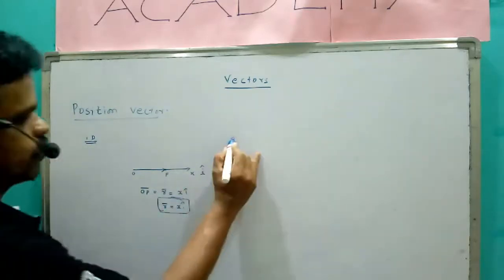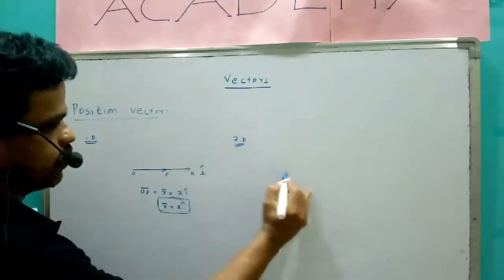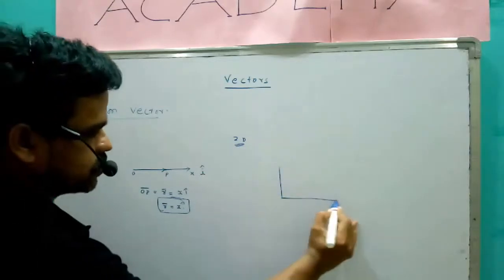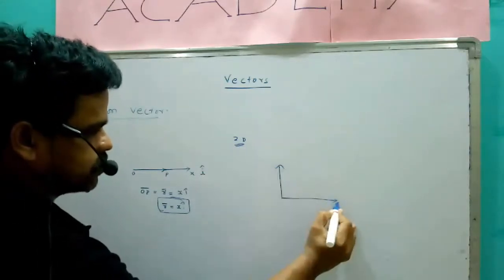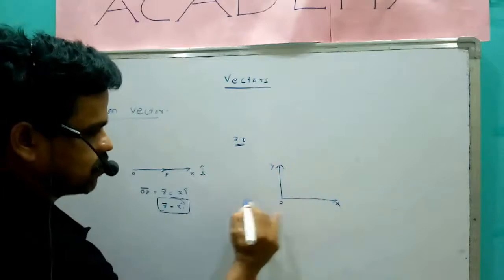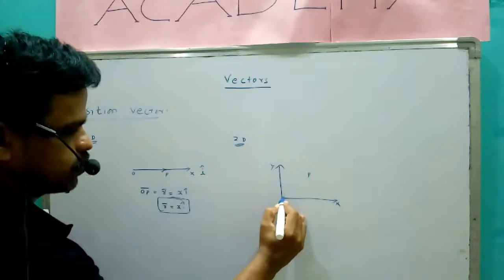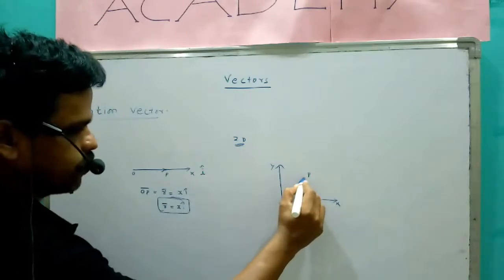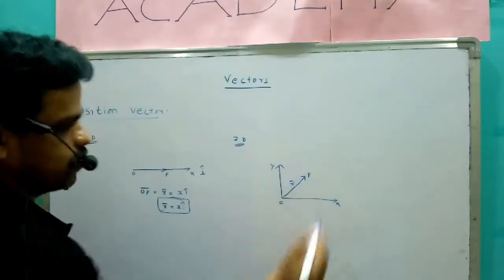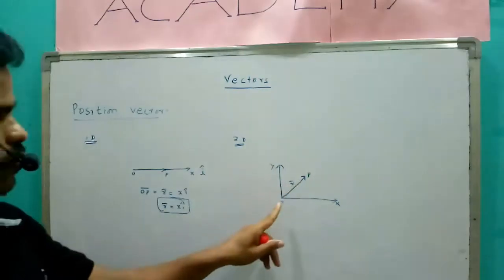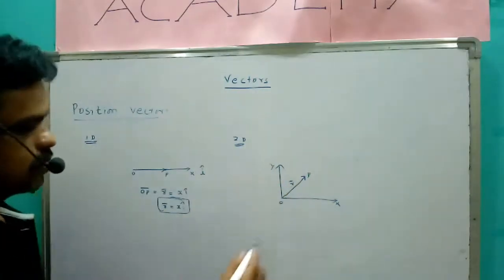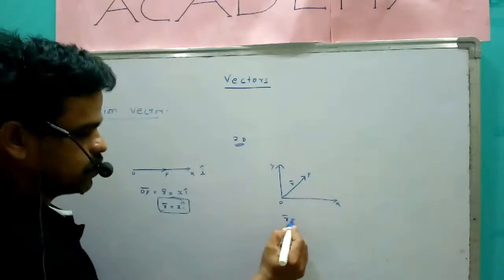Now go for two dimensions. Take two axes, x-axis and y-axis, and the origin, and take a point here. The position vector is R. The position of point P from the origin, that vector R, is the position vector.